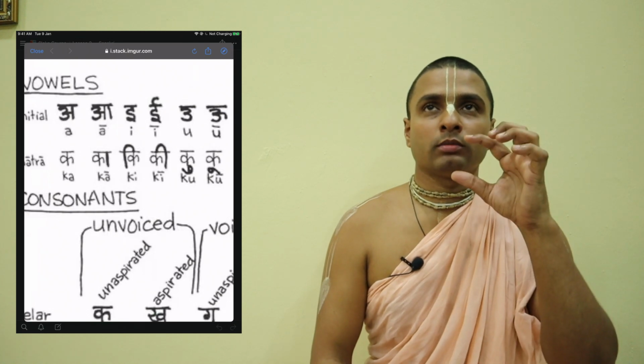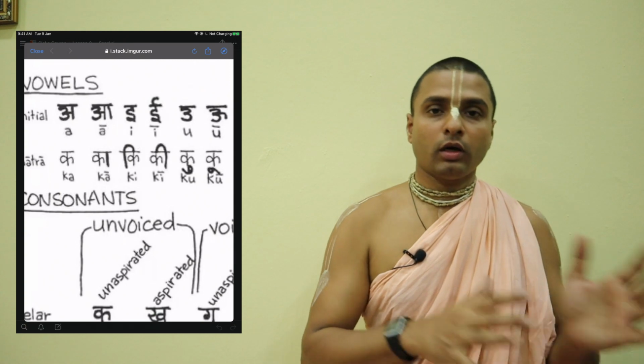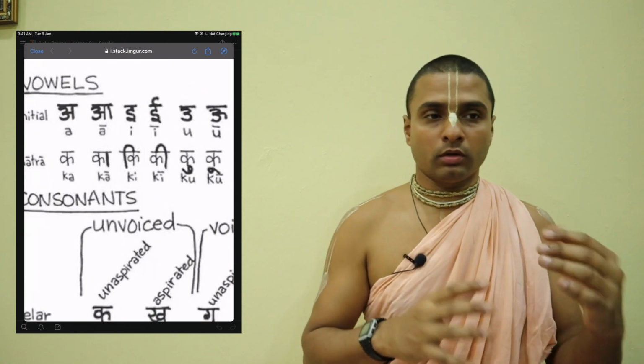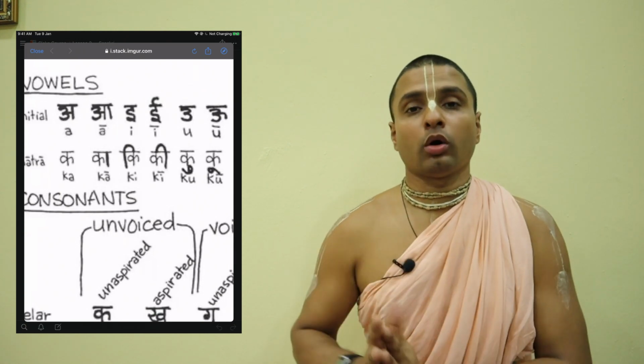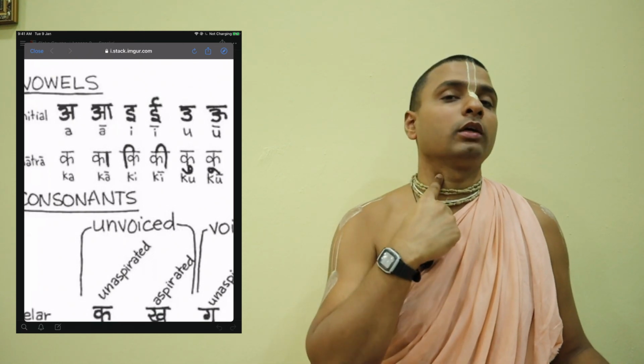You don't even have to open the mouth more, just an elongated version of it. That is called Hrasva and Dirgha. Hrasva means short, and Dirgha means long. So both are produced from here.